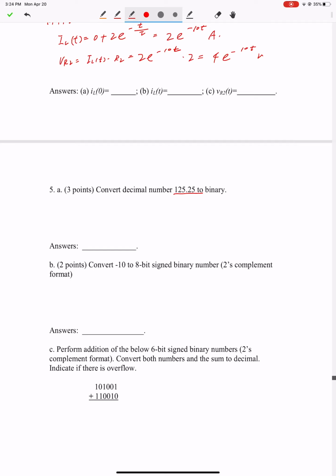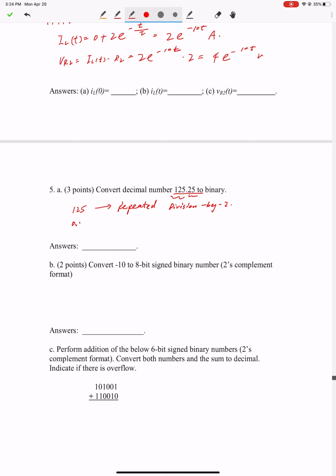You need to divide this number into 2 parts, the integer part and the fraction part. For integer part 125, you need to use repeated division by 2 to find the binary representation.